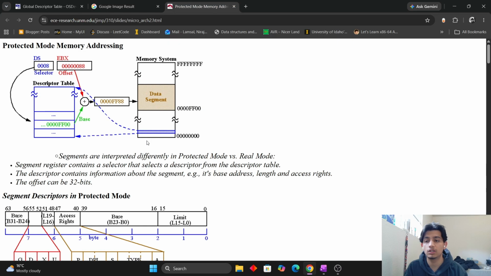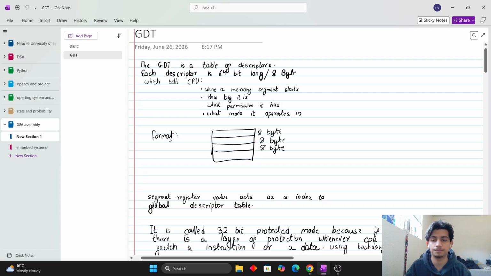I will also cover an example of how the protected mode global descriptor table is used. We will cover not the whole thing, but some things that are really important to understand before we move to protected mode. So let's start the explanation.